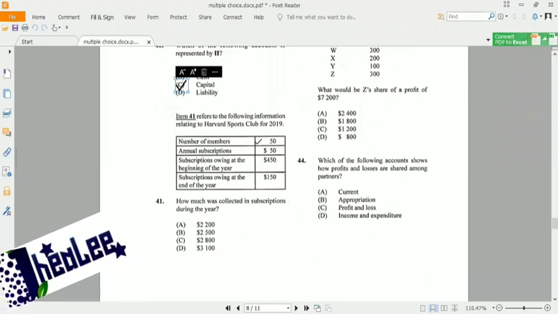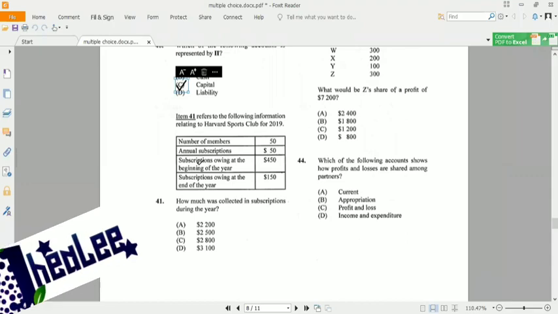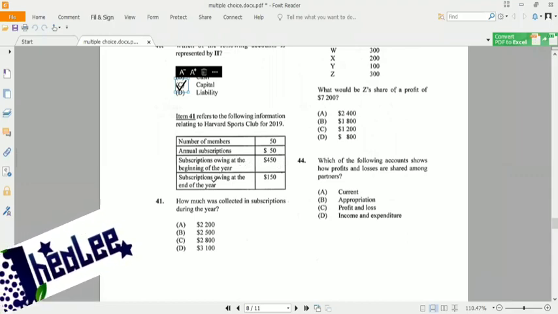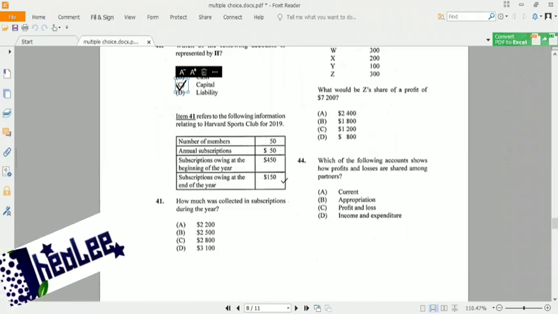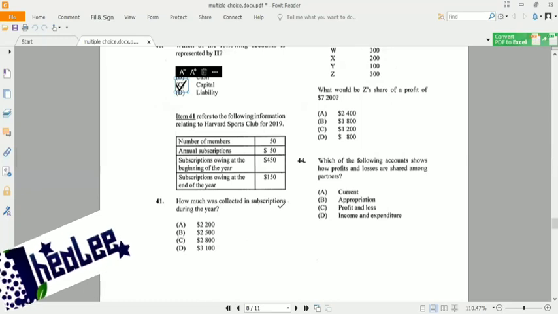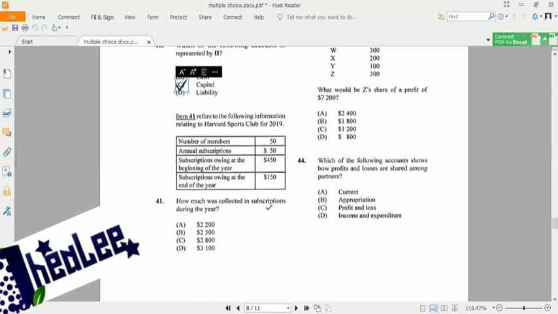So number of members for the year is 50. Annual subscription is $50 per member. Subscriptions owing at the beginning of the year is $450. Subscriptions owing at the end of the year is $150. And they want to determine how much was collected in subscription during the year.